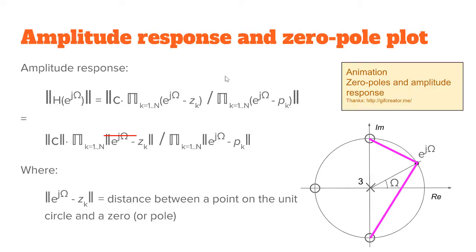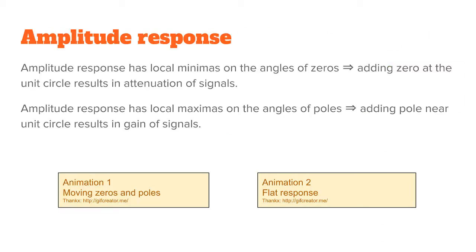Oh, yeah, I have some, well, yes, strange things. So the amplitude response has local minima at the angles of the zeros. So wherever we have a zero, then on that angle in this case, we would have the amplitude response going to 0 at that omega_0 frequency.